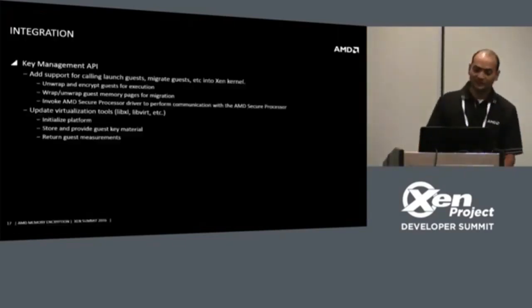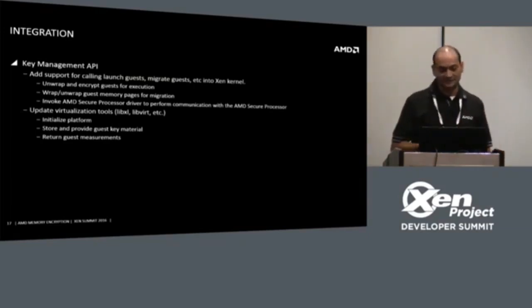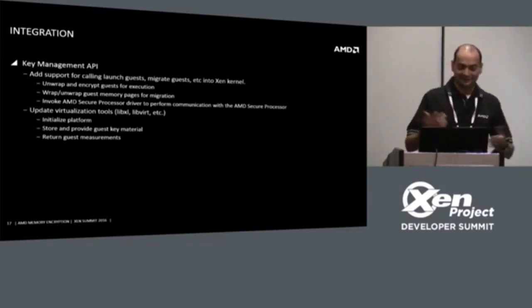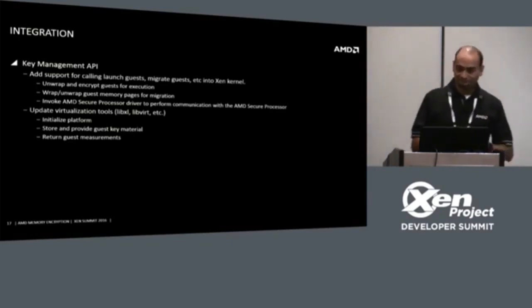So one of the things which we need to work quite a lot on in the SEV side is integrating these guest management APIs. So the first thing I can think of, of course, is that we have to develop some SEV drivers for Xen.